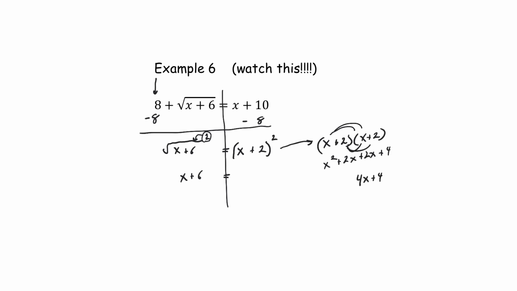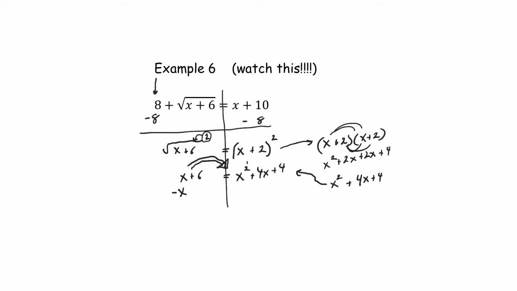So now you can see where all this stuff starts to come together. So I've got x squared plus 4x plus 4. Now, it doesn't matter which side you go to. I just want everything over to one side. I typically like my x squared positive, so I'm actually going to bring everything over to that side because I don't want to mess with my x squared.